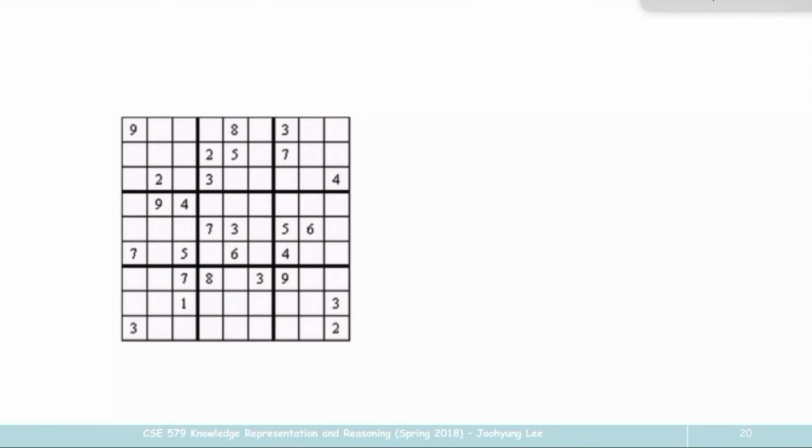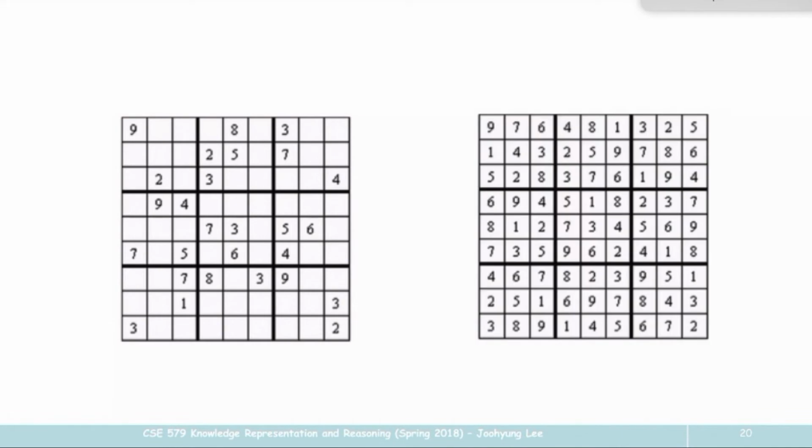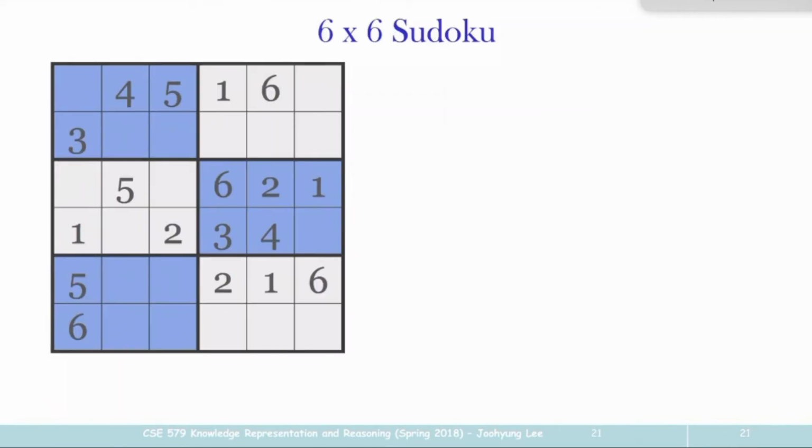Have you played this? Okay. Good. So in a sense, this is similar to the N-Queens puzzle. So this is actually the solution. The last problem in the handout is about the Sudoku puzzle. So let me try to get into that.